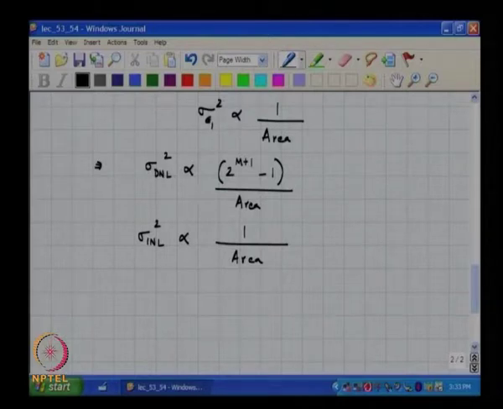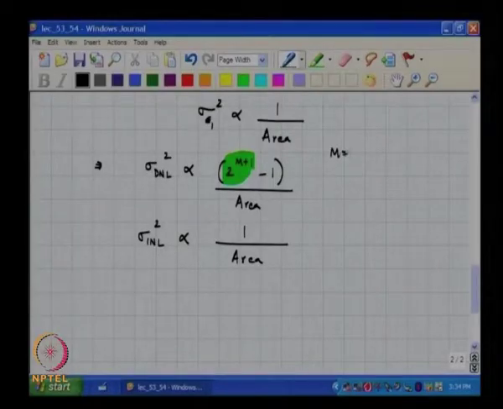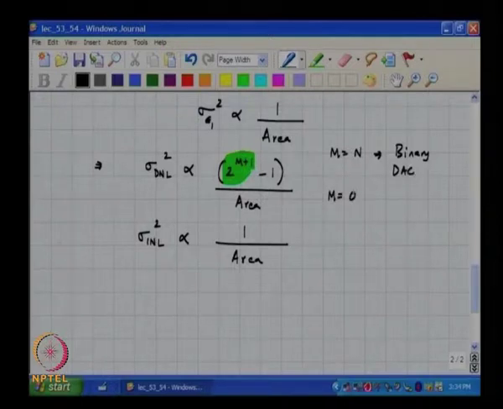Alright. One important thing to note is that as the degree of segmentation goes on reducing, in other words, as m becomes larger and larger and goes towards N, m equal to N is a fully binary DAC and m equal to 0 is a fully thermometer DAC.